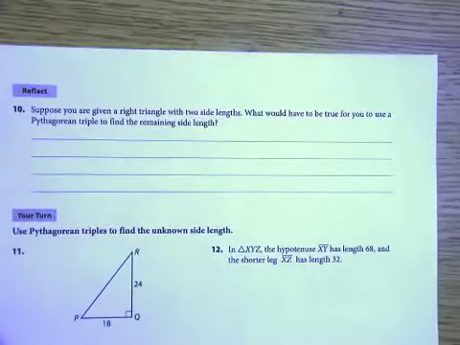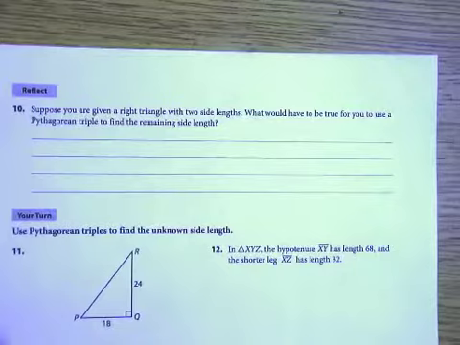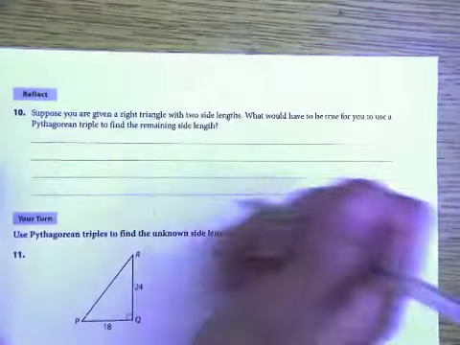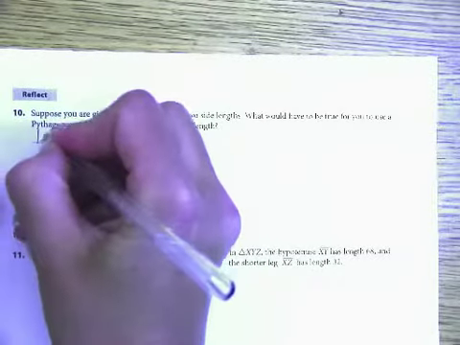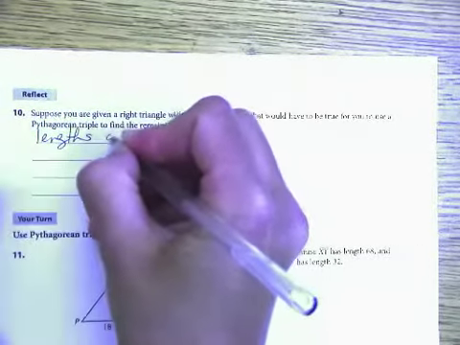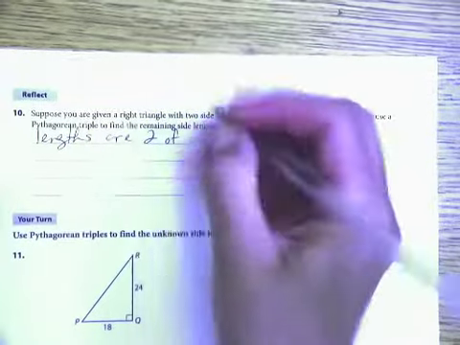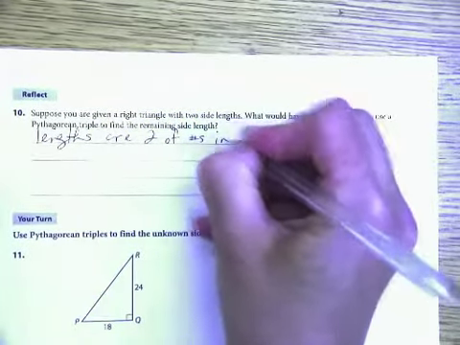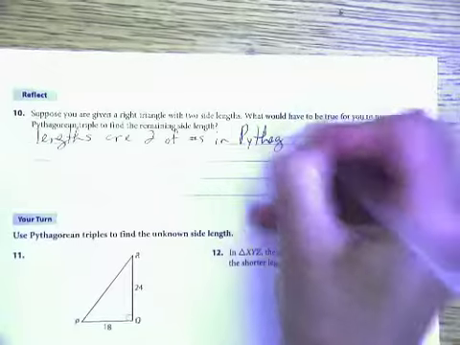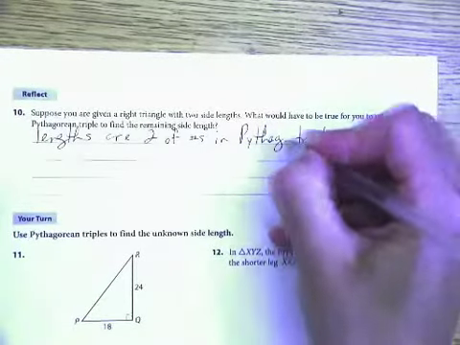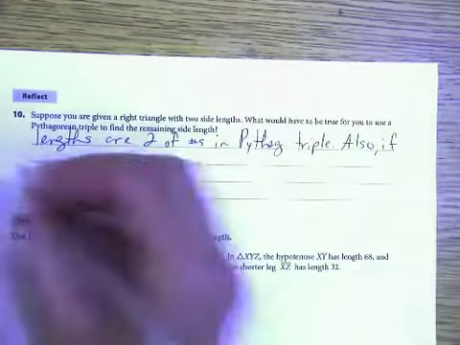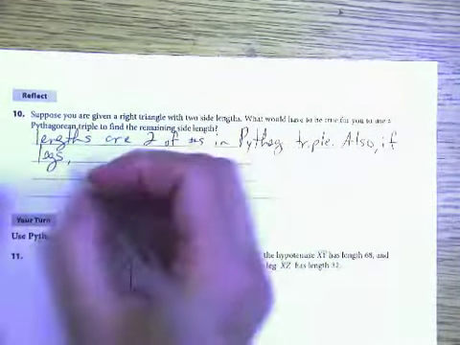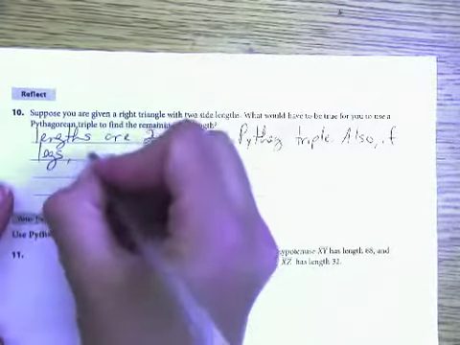Suppose we're given a right triangle with two side lengths. What would have to be true for us to use a Pythagorean triple to find the remaining side lengths? So I'd have to know that the lengths are two of the numbers in a Pythagorean triple. Also, that if they're legs, they're the two smaller numbers.